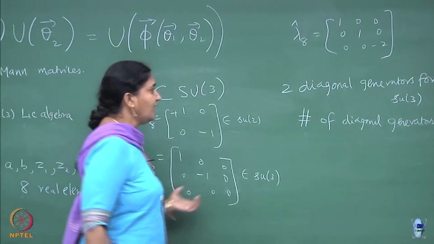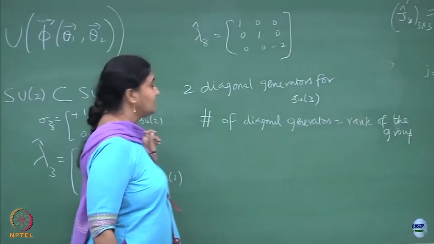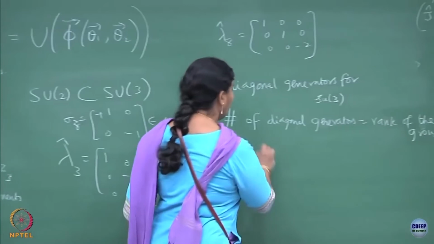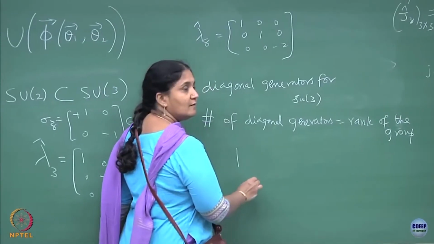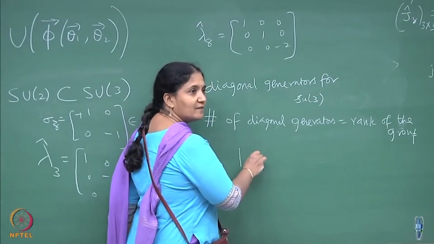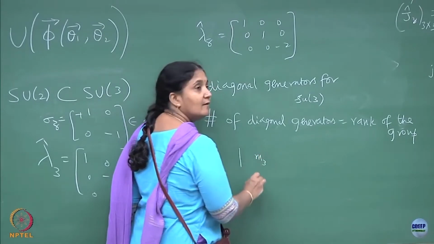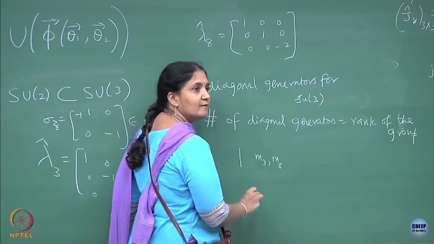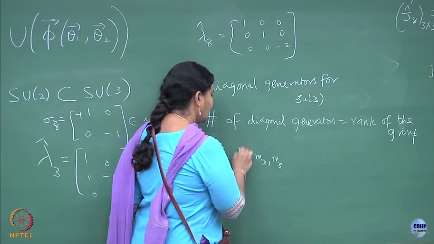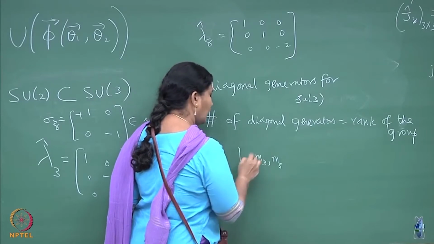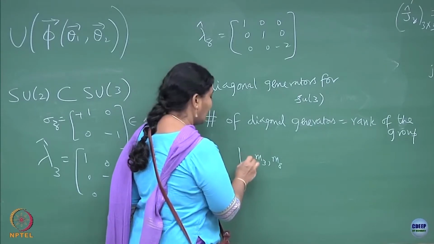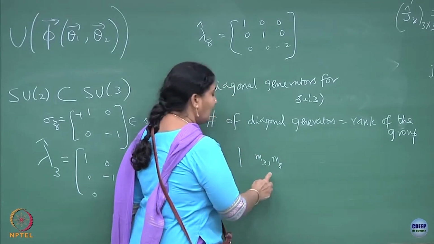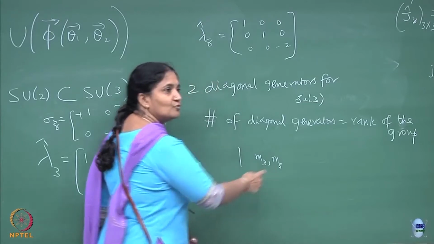If I write a state in the case of SU3, just like I wrote it for SU2, I should be able to write the eigenvalue corresponding to lambda 3, let me call it M3, eigenvalue corresponding to lambda 8, okay, and you will have some analog of the Casimir operator. Let me not try to say what it is, but definitely the magnetic quantum number will have 2 values.